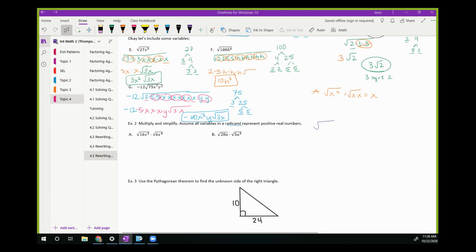So if I have the square root of some number, and in this section we're only dealing with square roots, we're not dealing with third roots or fourth roots or eighth roots or anything else, which we will get to later on in mathematics. This number or variable or term, this is called the radicand.